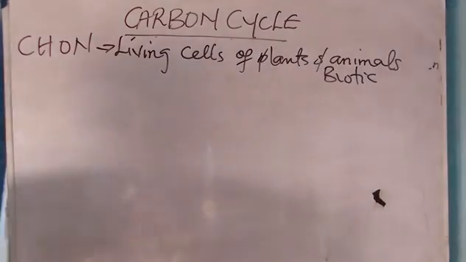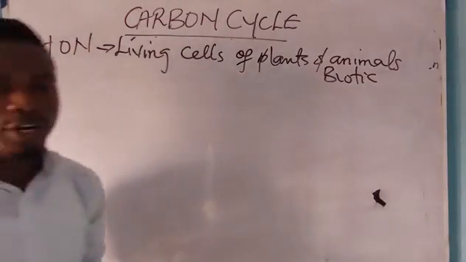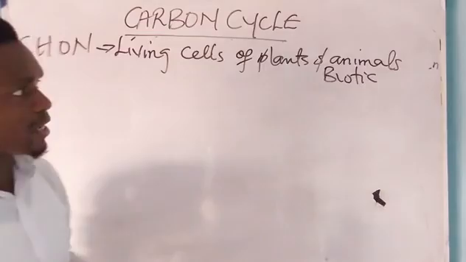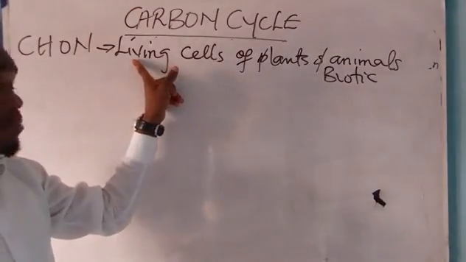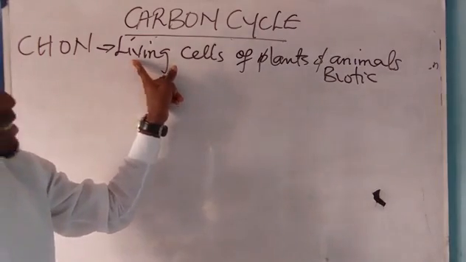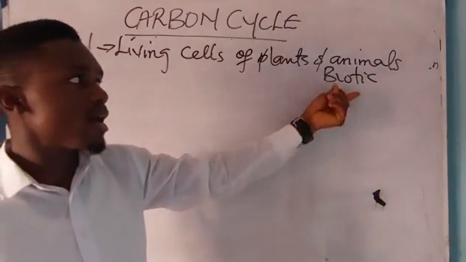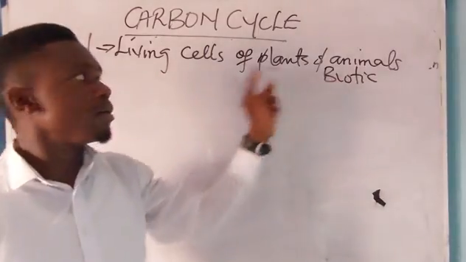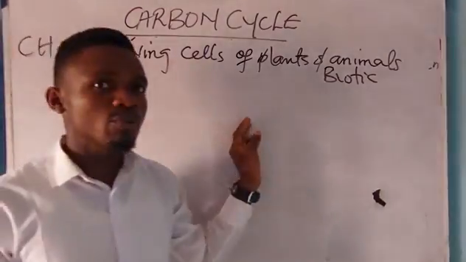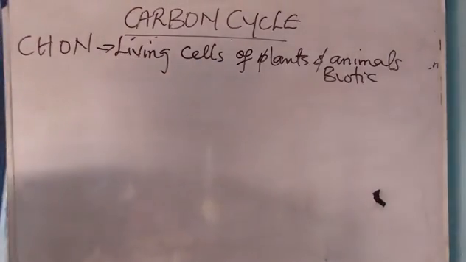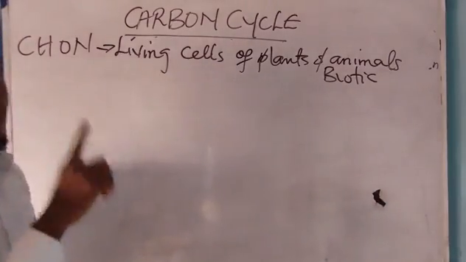While the ones present in the soil, water, and atmosphere are said to be what? Abiotic. I repeat, elements or compounds present in the living cells of plants and animals are biotic, but the ones present in the soil, water, and atmosphere are abiotic.